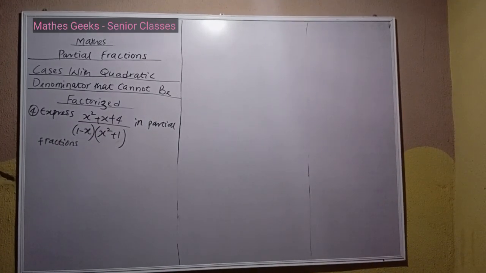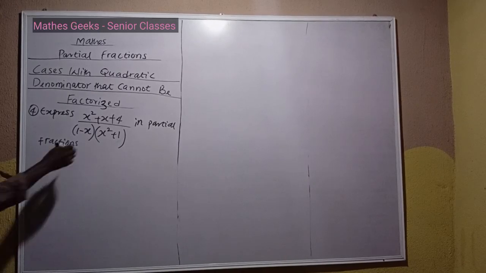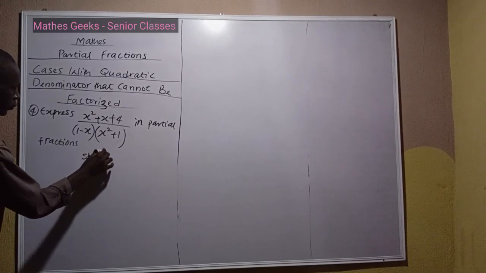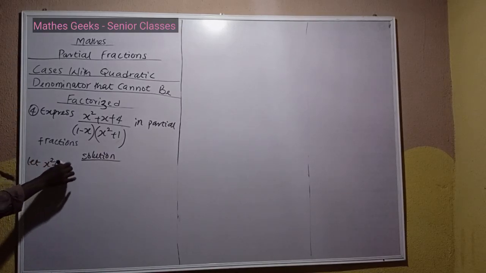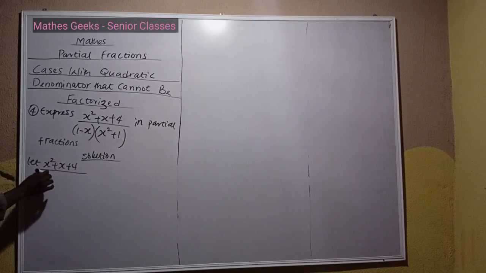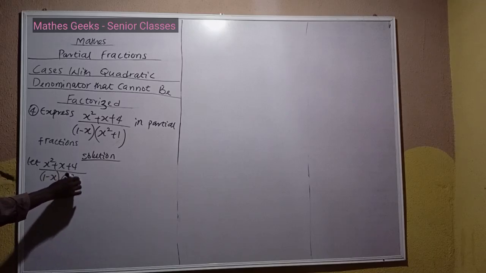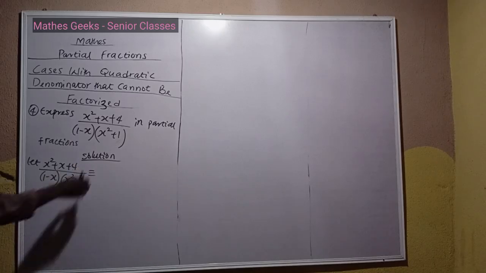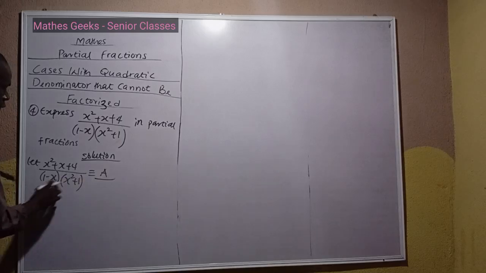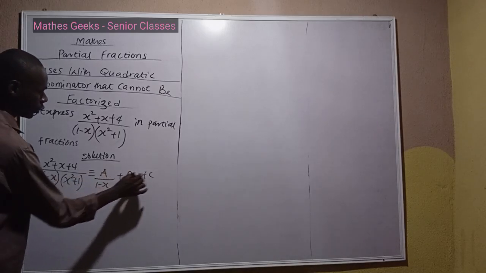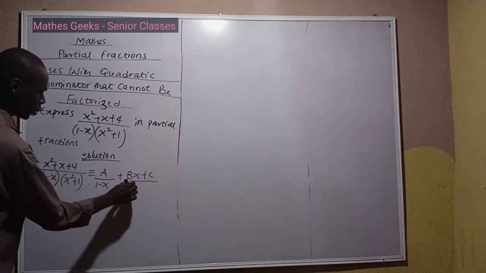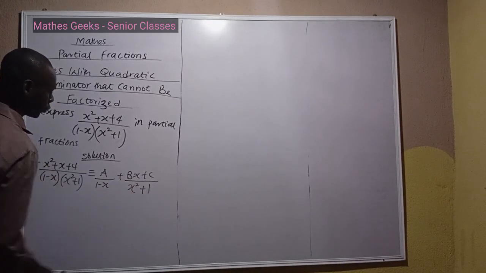Okay, solution. So let x squared plus x plus 4 over 1 minus x times x squared plus 1 be identical to a over the first factor, 1 minus x, plus bx plus c over x squared plus 1.